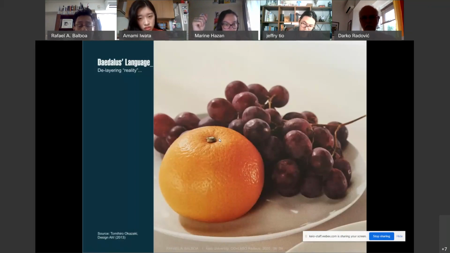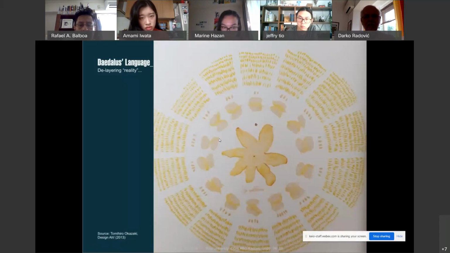Could be fruits or even elements that we use every day, and then he tries to represent this in this way. For example, the orange, which is deconstructed in a way, and it's in a way the same element but not the same.